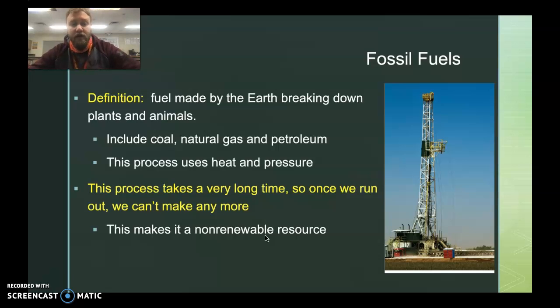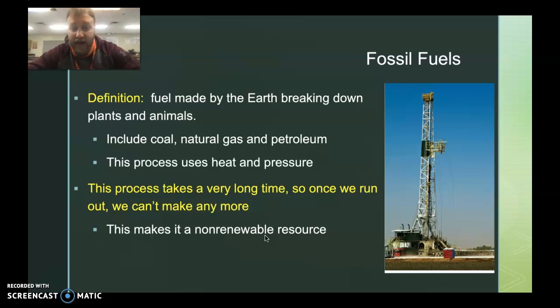So whenever we talk about petroleum, we also have to definitely talk about fossil fuels. So fossil fuels are any fuel that is made by the earth by breaking down plants and animals, and generally mostly plants. Most of our fossil fuels, when it comes to crude oil, come from the Carboniferous period. So carbon is what starts it off because it has a lot of carbon within it.